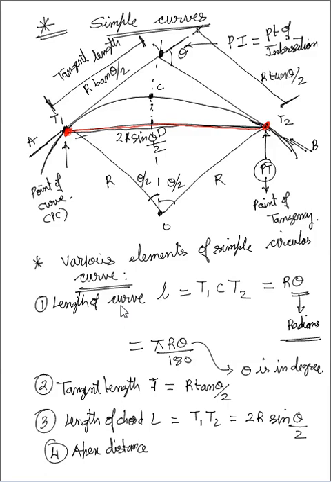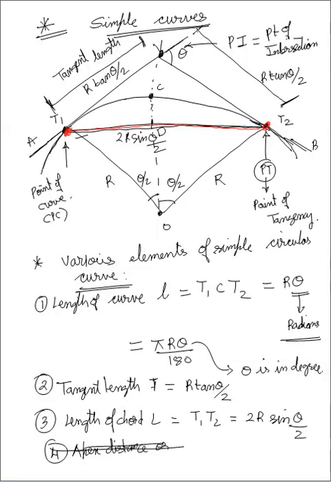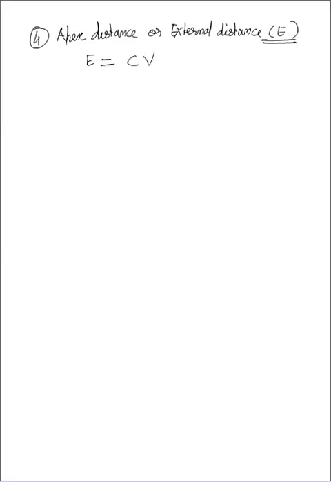Fourth, this is your apex distance, or external distance, that is denoted by E. Now E is your external distance, it is from point C to point V. Here you can see this is point C and this is point V. So from point C to V, it is equal to r times (sec theta by 2 minus 1).